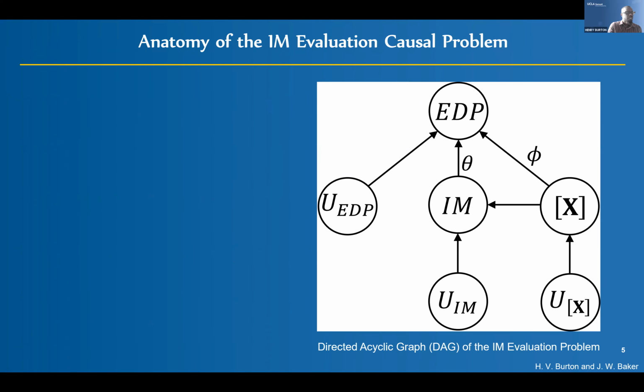The next couple of slides are just going to give an overview of the basic setup of the causal inference problem. This figure shows a directed acyclic graph, or DAG, which is used to show the causal relationships between the variables that are considered.